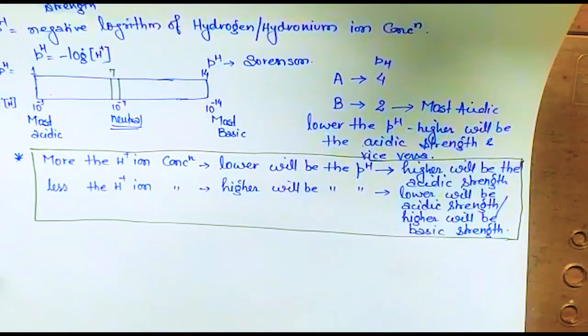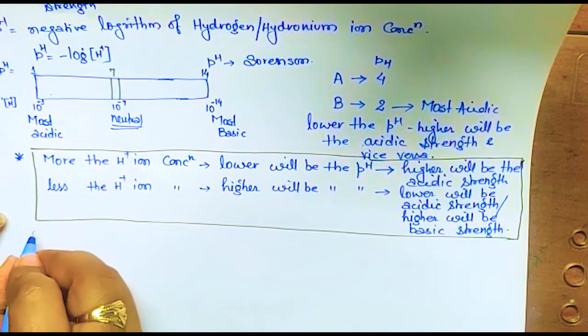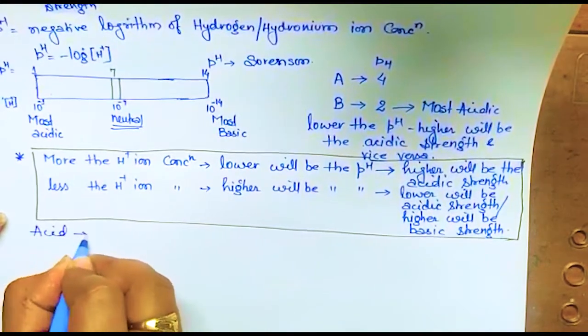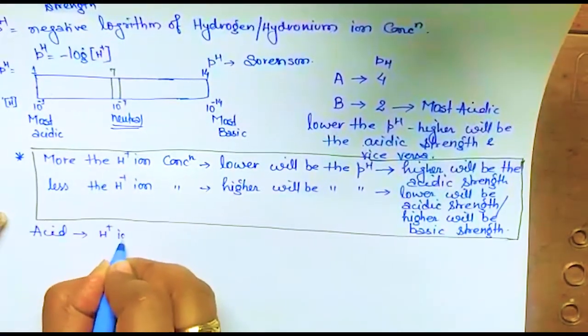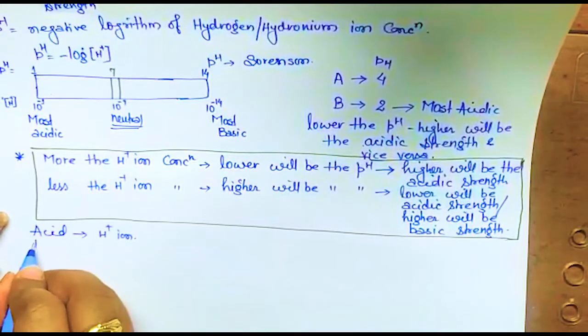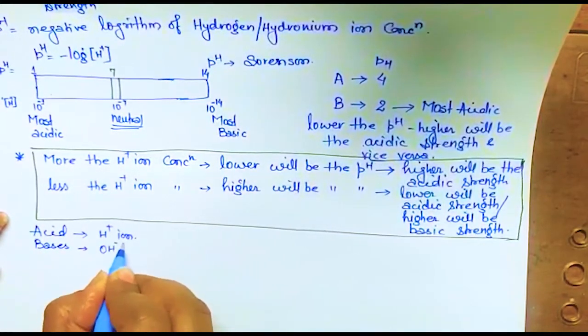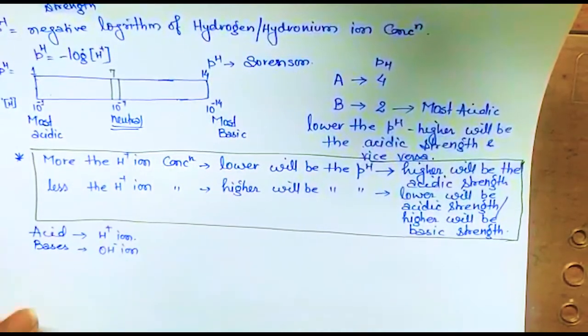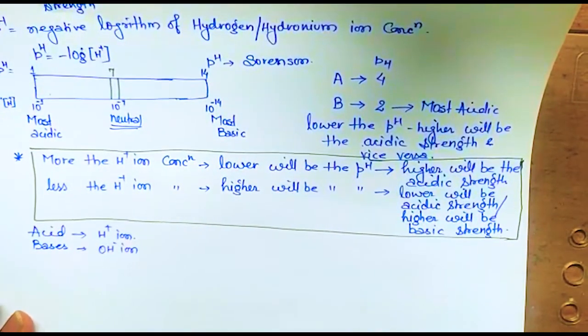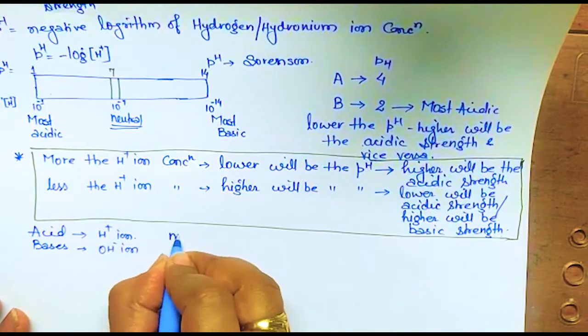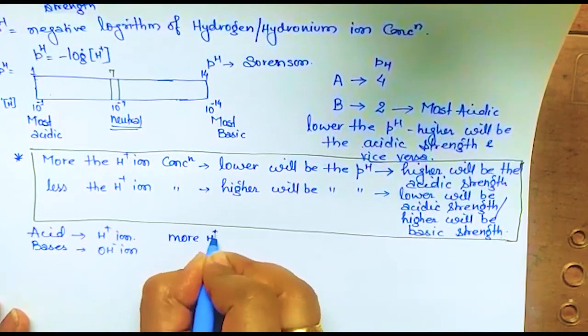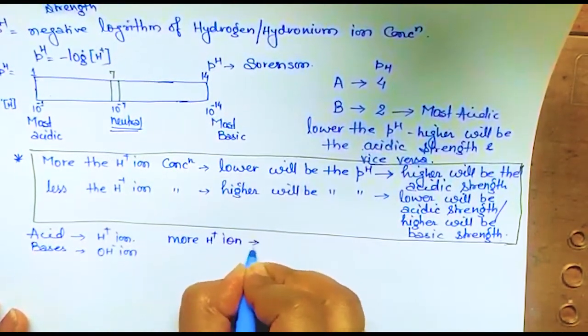Along with this, one thing I just want to say: we know that acid gives H plus ion, yes, and the bases give OH minus ion. Is it clear? Any doubt in this? Okay. So if I am saying more H plus ion, what will you say?